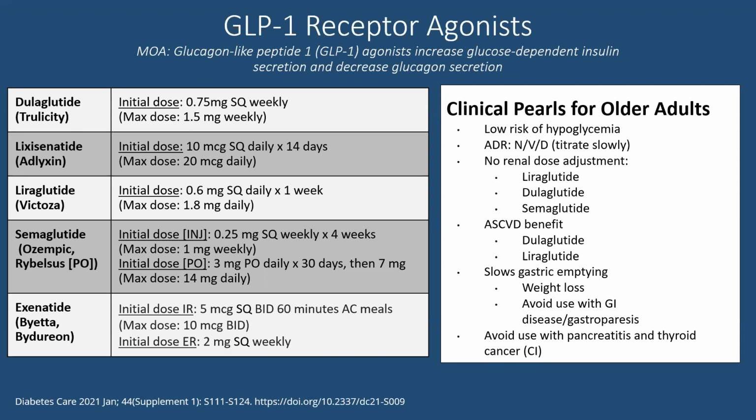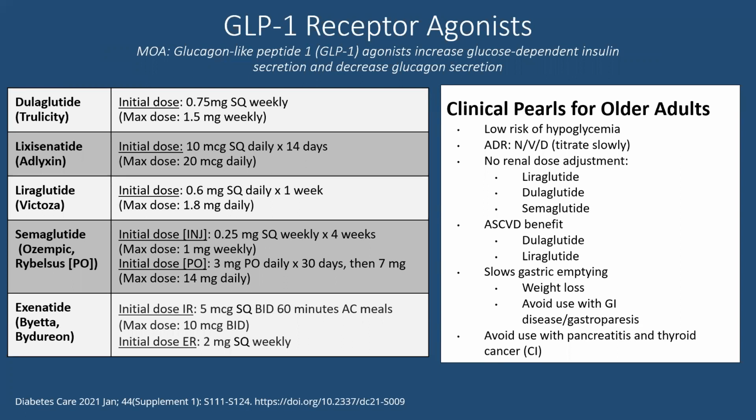The reason these drugs are very attractive is because there's a low risk of hypoglycemia. The main adverse event is nausea, vomiting, diarrhea. And again, if you titrate slowly, you'll eliminate that side effect, generally speaking. And they can cause weight loss, which is another attractive part of it.